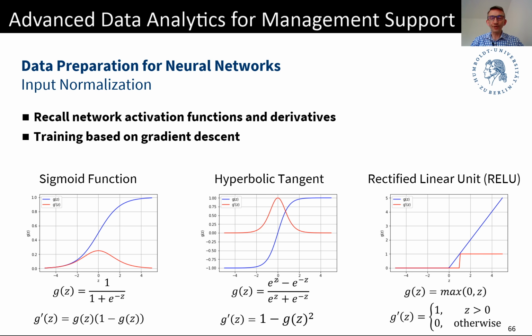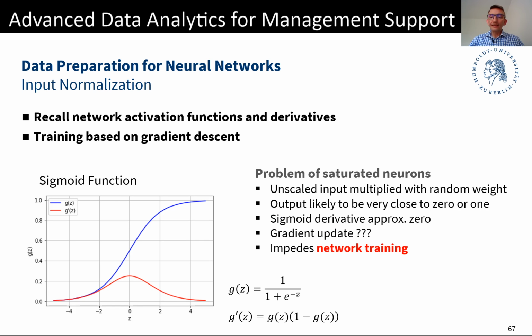If we use the sigmoid as our nonlinear activation function in the hidden layers of our neural network, let's consider this case for simplicity. The issues pretty much remain the same also for the hyperbolic tangent and the ReLU function. So considering the sigmoid, we once more have this function and its derivative.